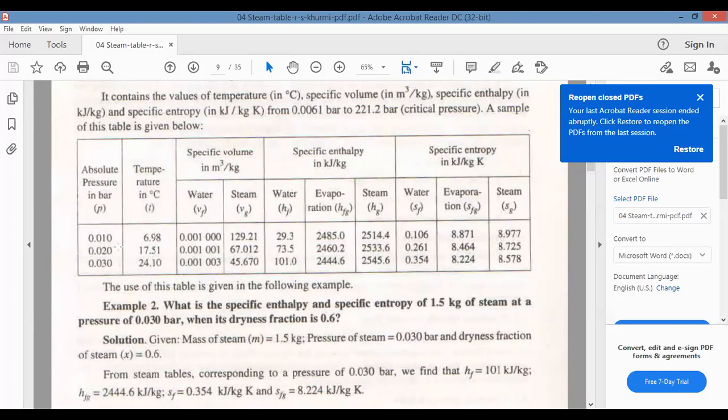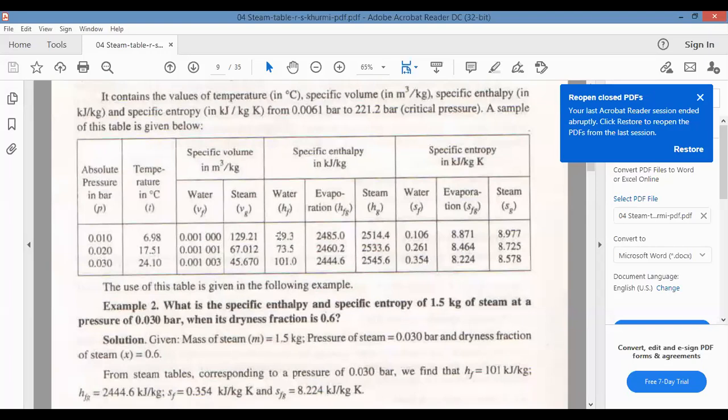What would be the specific volume of the water at that pressure? If it is saturated water, then it would be 0.001 meter cube per kg. And when it converts to steam, its specific volume will increase to 129.21 meter cube per kg. What would be the enthalpy of the saturated water? At 0.01 bar, it would be 29.3 kilojoules per kg.